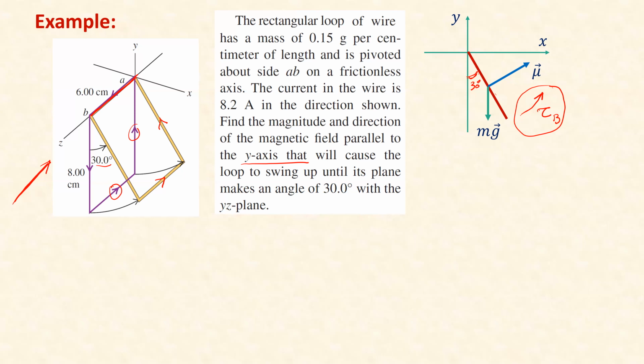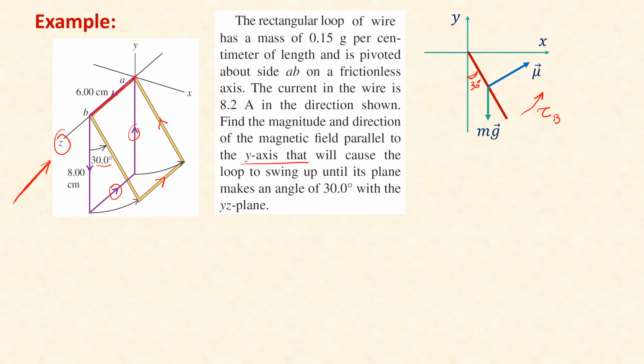Is it torque of magnetic field should be in the positive z direction or negative z direction? Yes, positive z direction. So if you put your 4 fingers in the direction of the rotation this way, you see that your thumb shows toward yourself or out of the page, which is in positive z direction.